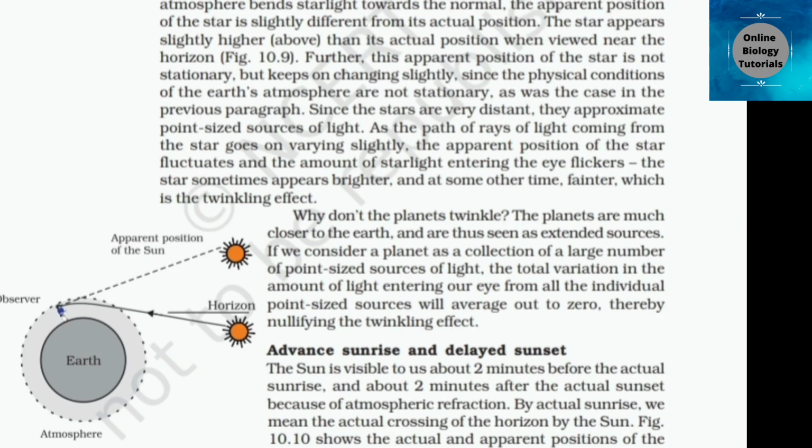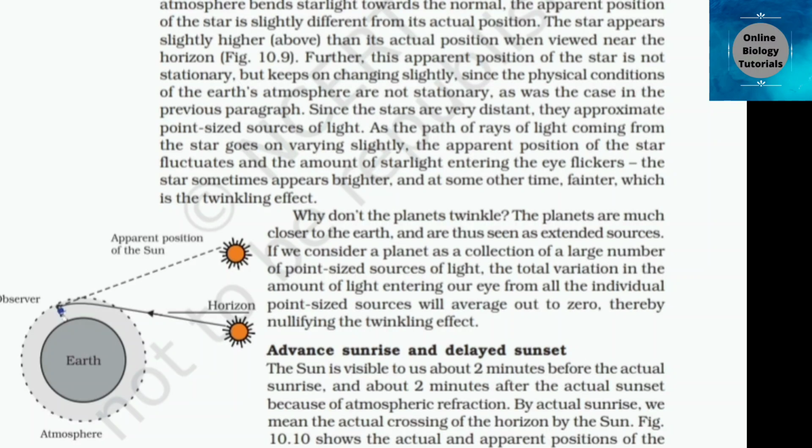The star appears slightly higher above than its actual position when viewed near the horizon, figure 10.9. Further, this apparent position of the star is not stationary, but keeps on changing slightly, since the physical conditions of the Earth's atmosphere are not stationary, as was the case in the previous paragraph.